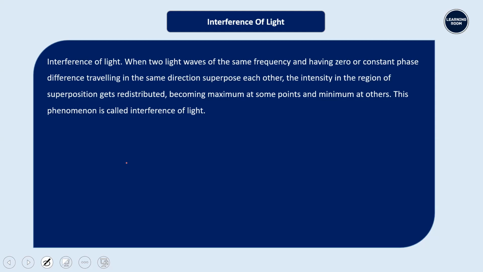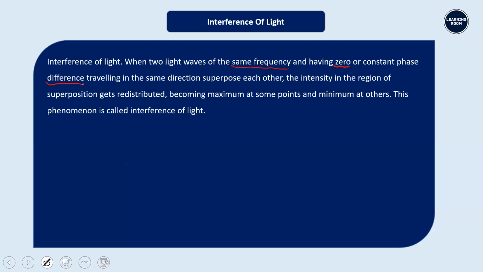Whereas if you read the statement, when you have to talk about interference, let's say you have two light waves. The first point to be noted is that here we are talking about two light waves, and the most important point is they should be of the same frequency. Repeat, they should be of the same frequency, and they should have 0 or constant phase difference.